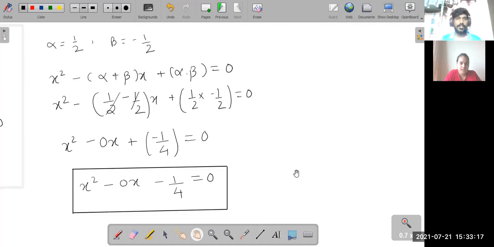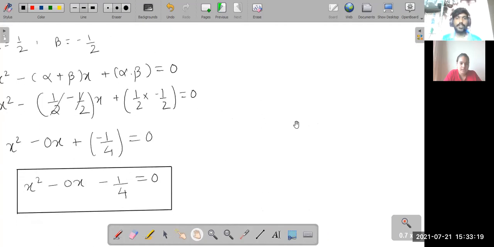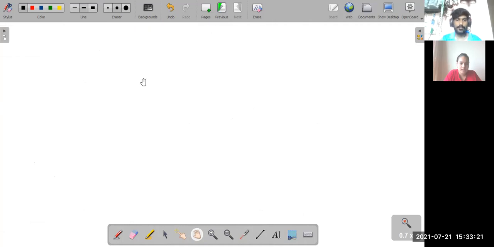Okay, last one. 2 minus root 5, 2 plus root 5. Just 1 second. Still writing. Do you want me to show the previous sum?